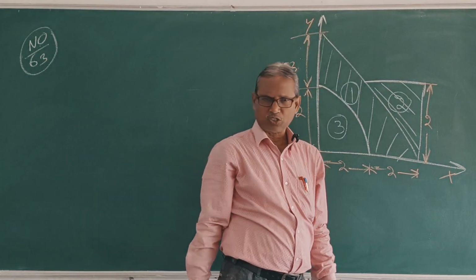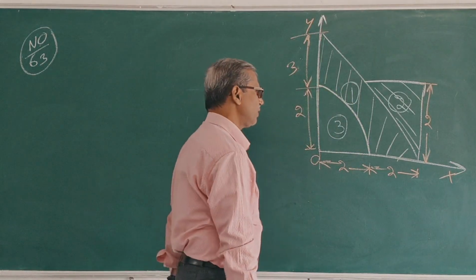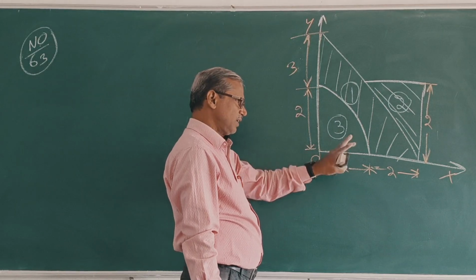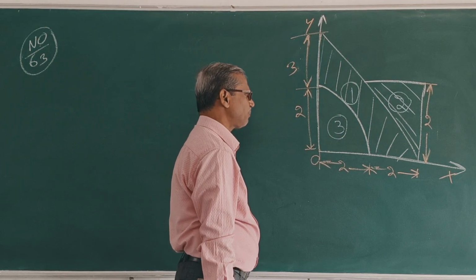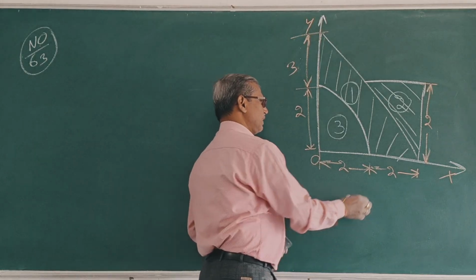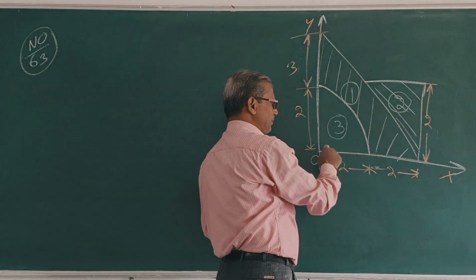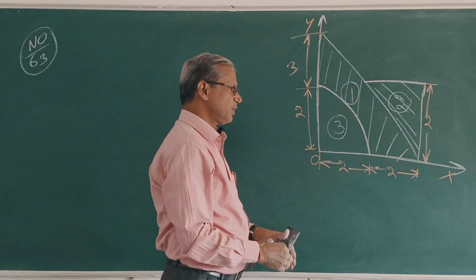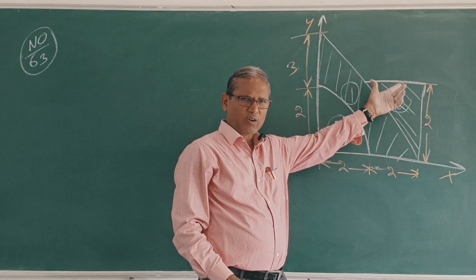Very important question for BPUT, semester exam. So first find out for 1, then for 2, then for 3. Now tell me, what is this length? For 1 dimension breadth, height. For 3 dimension, okay. For 2, section 2, this is height 2. What is the base? So first find out what is the base.